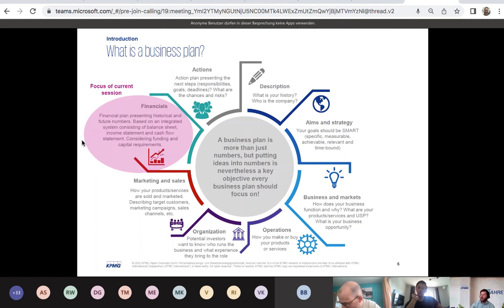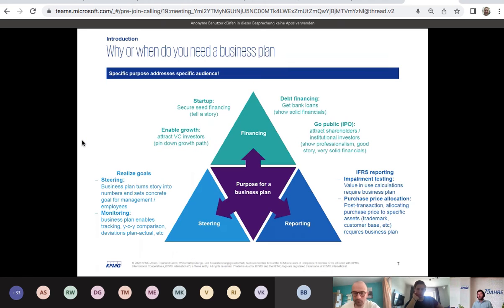And you see here, for example, also for which purposes you would need a business plan other than just deriving cash flows. And there it's always important that you need to keep in mind what is the purpose for the business plan, because each purpose basically addresses a different audience.